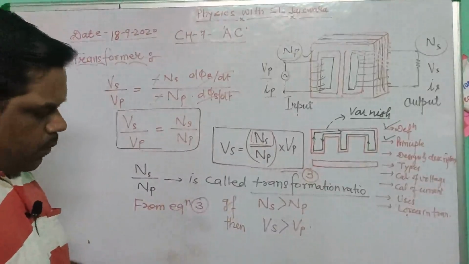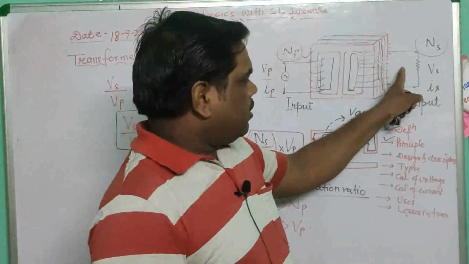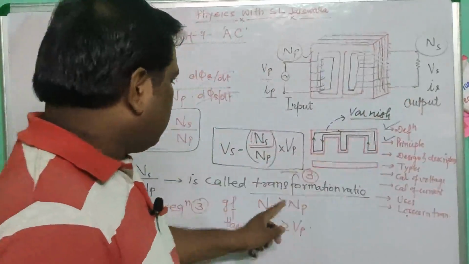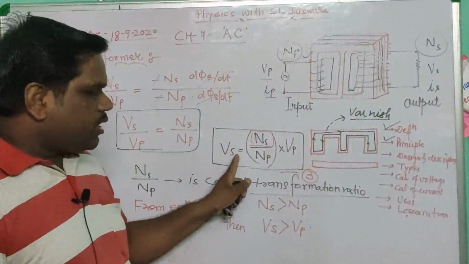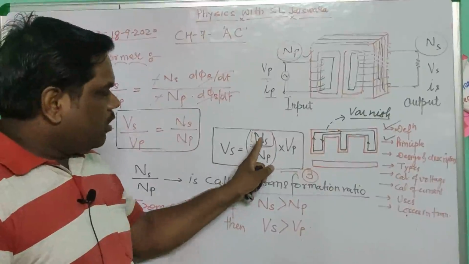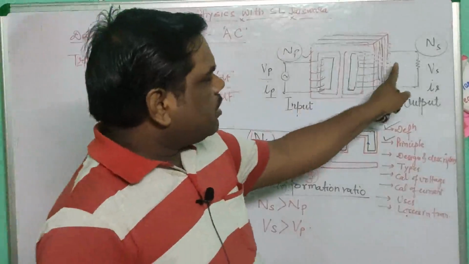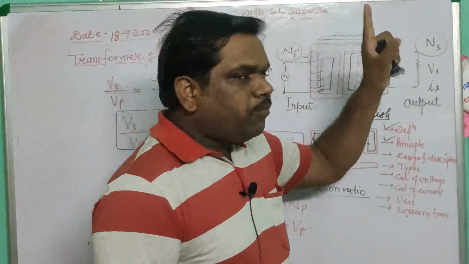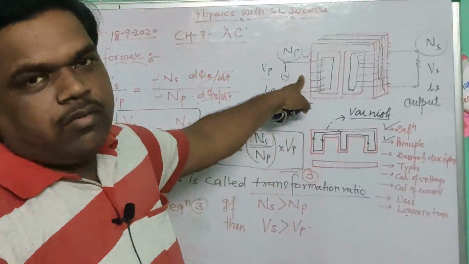Suppose we want to increase the voltage across the secondary coil. What we have to do? We have to take the number of turns in the secondary coil more compared to the number of turns in the primary coil.